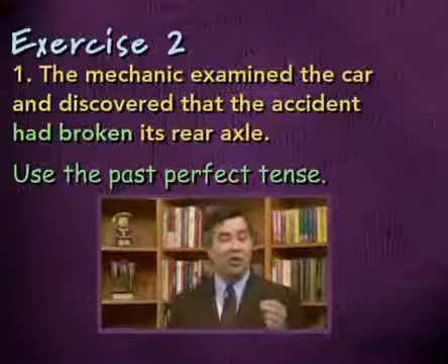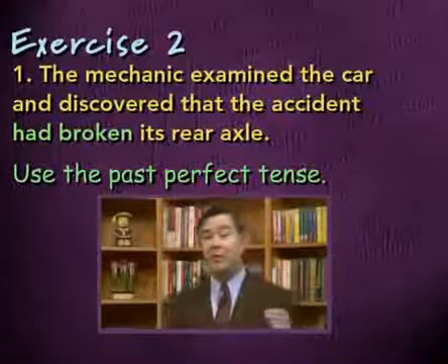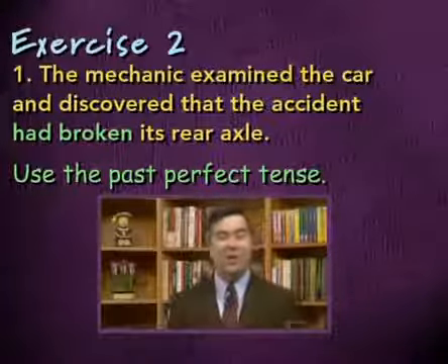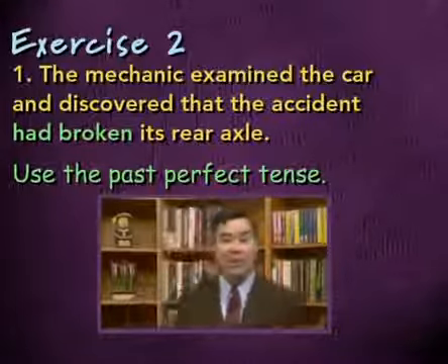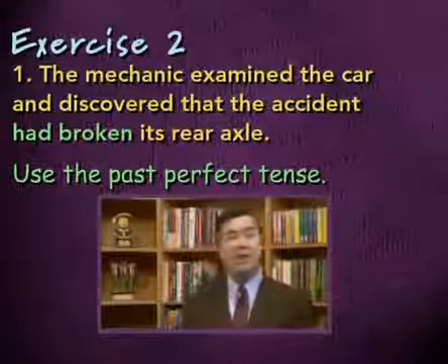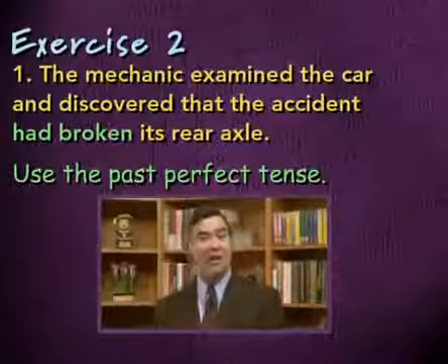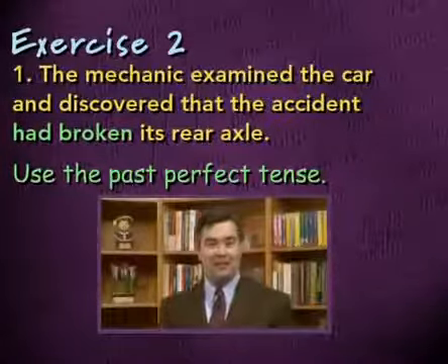If you look on your chart in the study guide, you can see that for the irregular verb break, the four principal parts are break, breaking, broke, and broken. So broke would be the past form, which would be used by itself. Broken is the past participle, which is always used with a helping verb, as it is used here, and therefore this sentence and this verb are both perfectly correct.